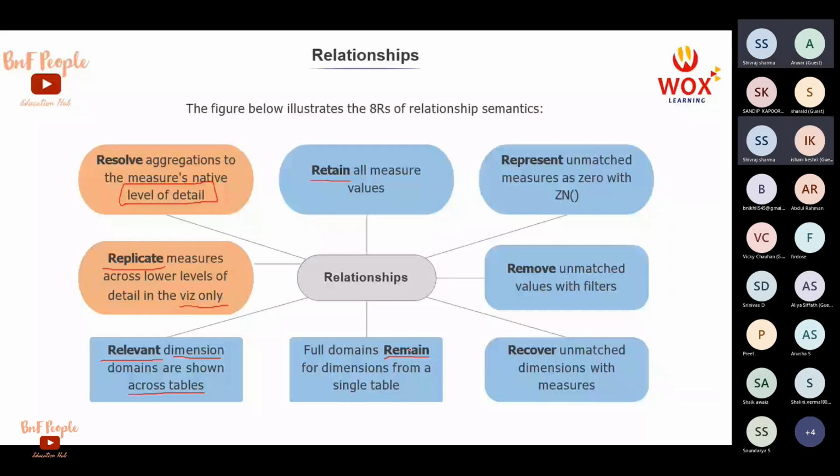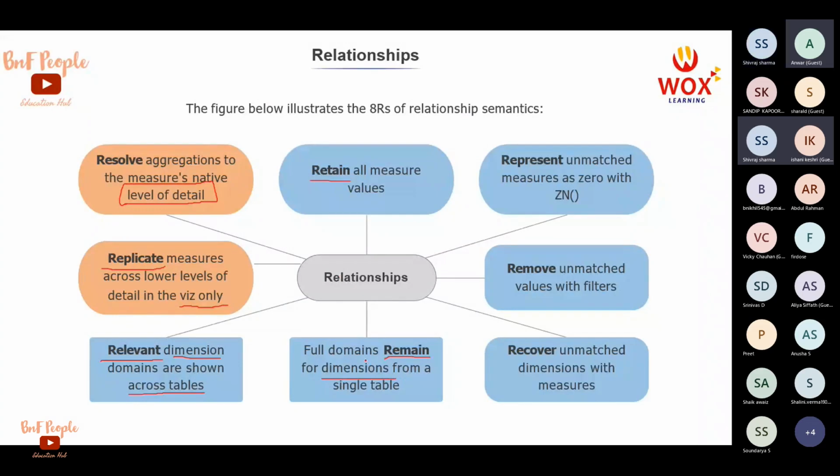One is your numerical data, and the second is your non-numeric data. The numeric data is known as your measures, and your non-numeric data is known as your dimensions. So that's why these terminologies are used over here.